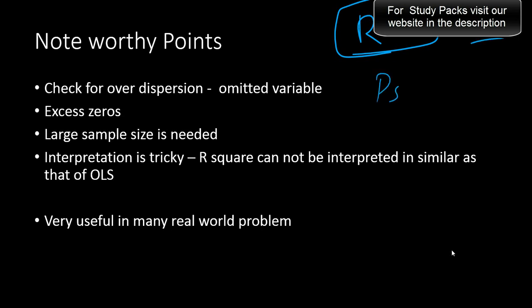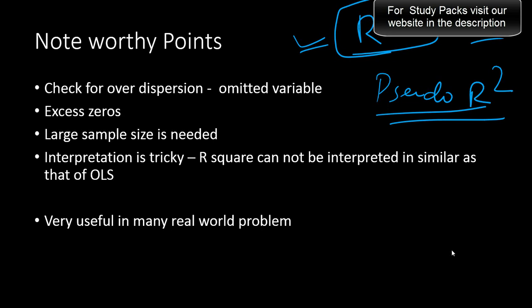There are some people who are using pseudo R square, pretty much like you have pseudo R square in logistic regression, but that can in no way be explained the way you explain R square or adjusted R square in multiple linear regression. So how do you measure the goodness of it? How do you measure the efficiency of a model?